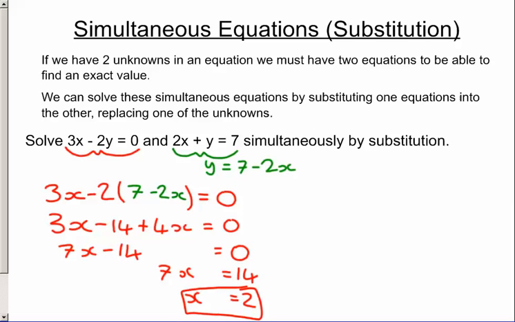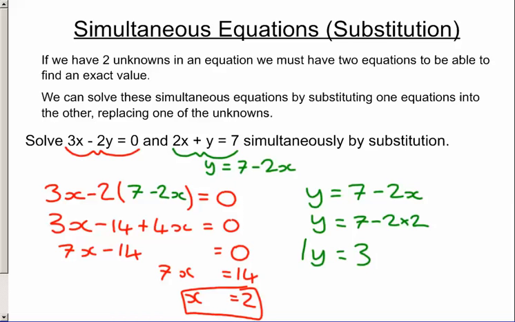Once we have x equals 2, we substitute that into our other equation, y equals 7 minus 2x. So y equals 7 minus 2 times 2 in this case, which means y equals 7 minus 4, which is 3. So for this pair of simultaneous equations, x equals 2 and y equals 3.